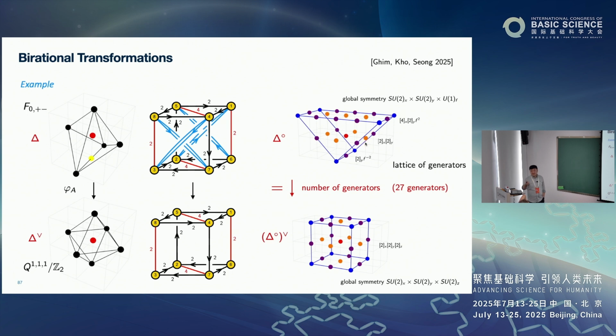So you can now see, as part of an answer to your question, that if there is a transformation under the global symmetry, there should be a geometric transformation from one generator lattice to another generator lattice, meaning there should be a birational transformation on the polar dual polytope of the toric diagrams related by this birational transformation.